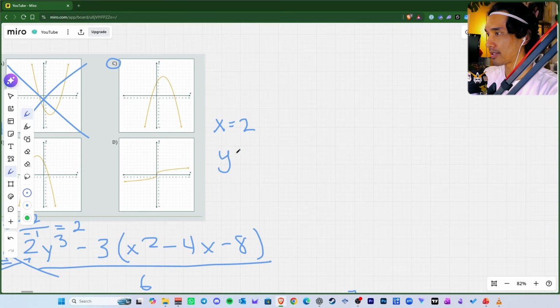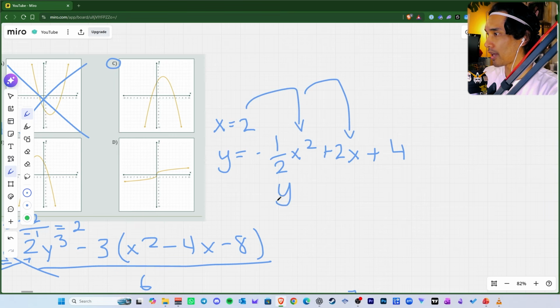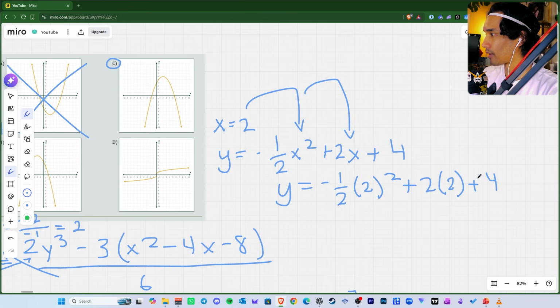So I have y is equal to negative 1/2 x squared plus 2x plus 4. Then I get x equals 2, and I'm going to plug it in, giving me y is equal to negative 1/2 times 2 squared plus 2 times 2 plus 4.